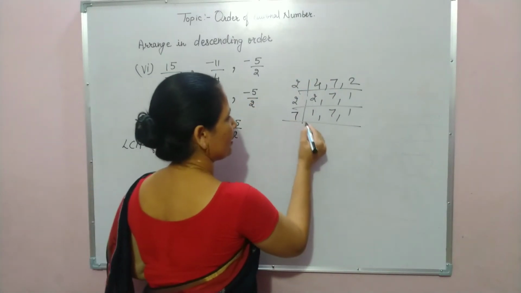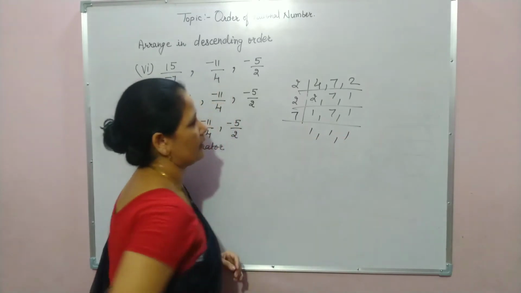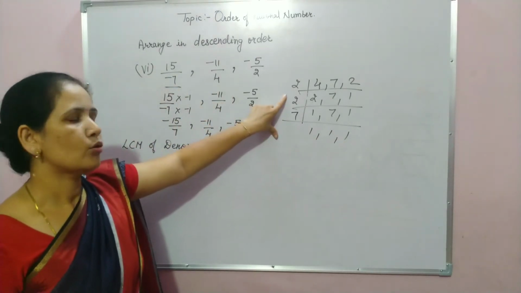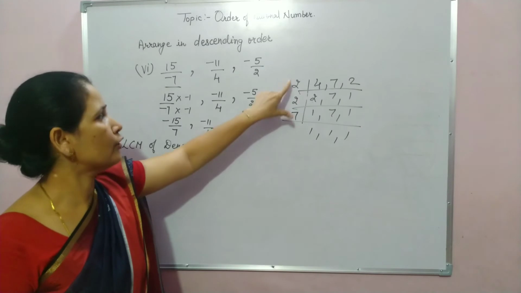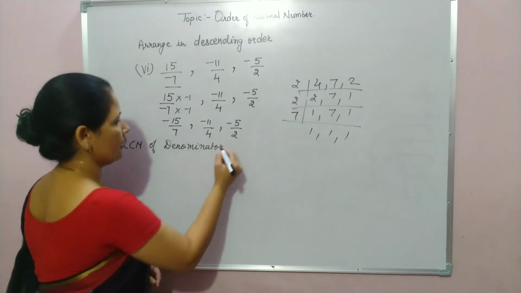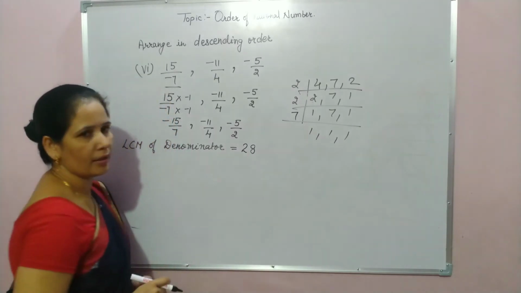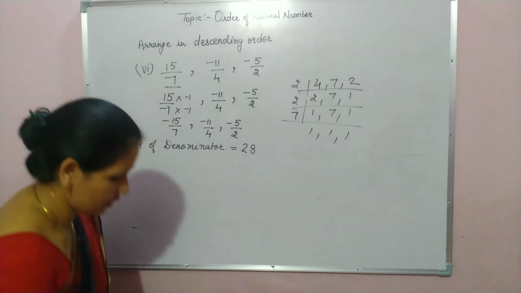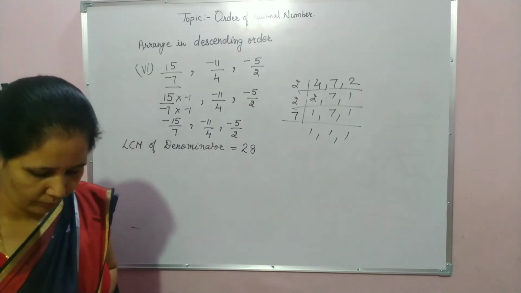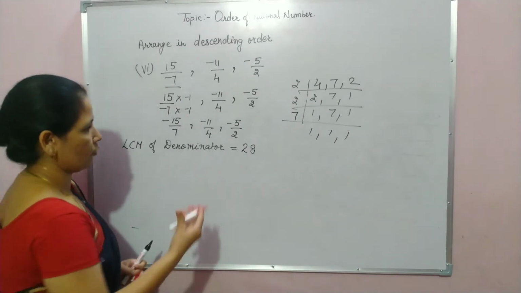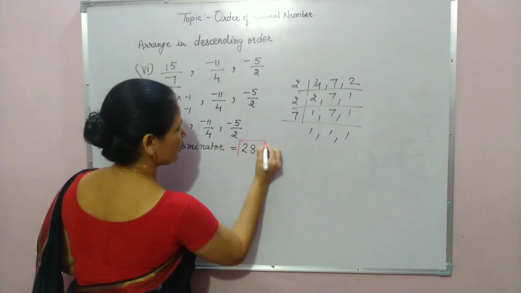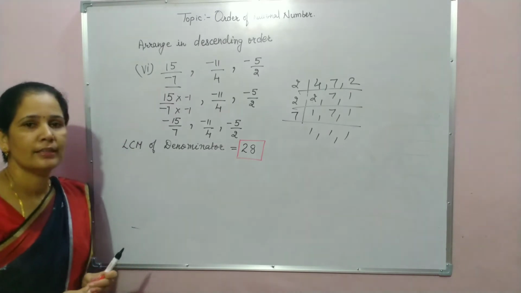Now try with 7. 7 ones are 7. Now the LCM is 7 times 2 is 14, 14 times 2 is 28. So the LCM of the denominators is 28. The second step is done.